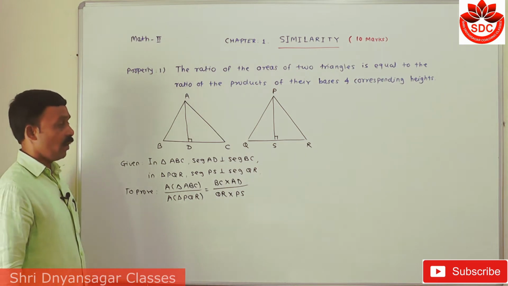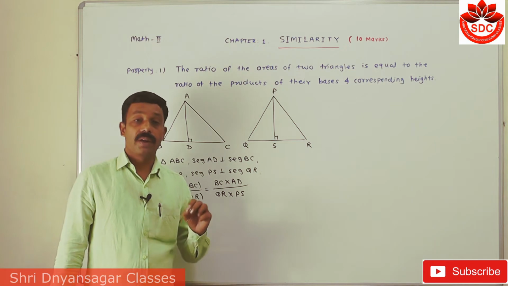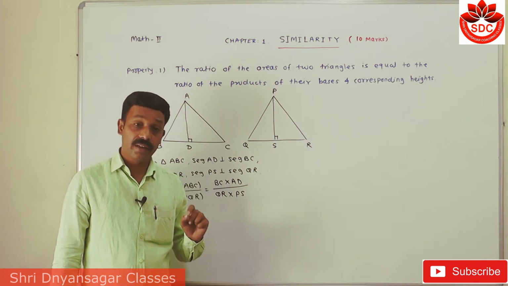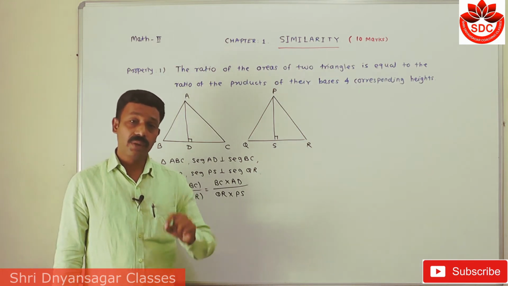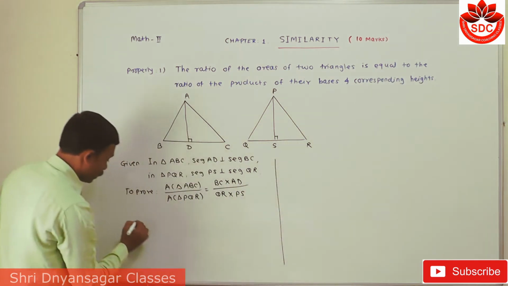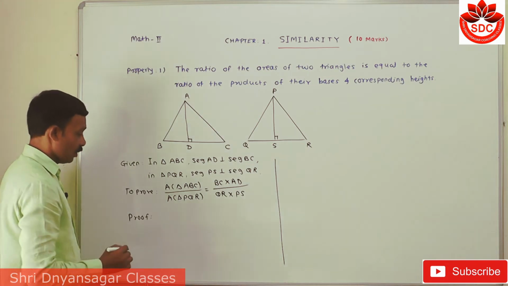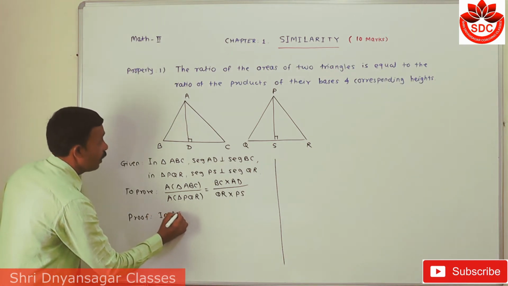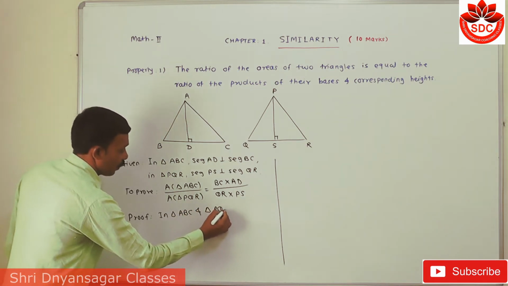Now students, for this all of you know the formula for area of a triangle. The area of any triangle is equal to half into base into height. We use this formula to prove this property. Now I have to take its proof. The first one is in triangle ABC and in triangle PQR.